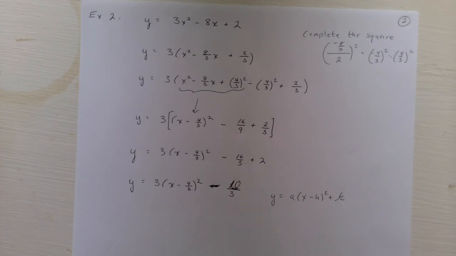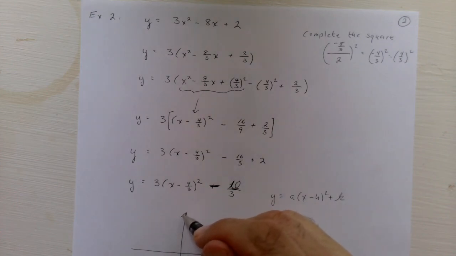So again, we'll have a shift, stretch, and then another shift down, and what we get is another parabola where our vertex is going to be at 4/3, negative 10/3.